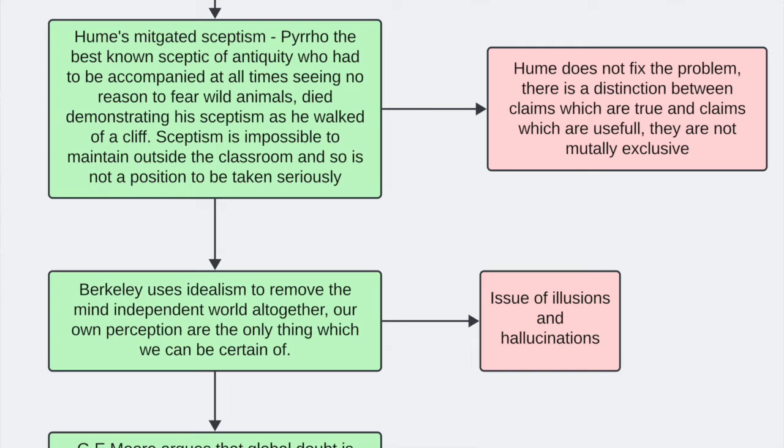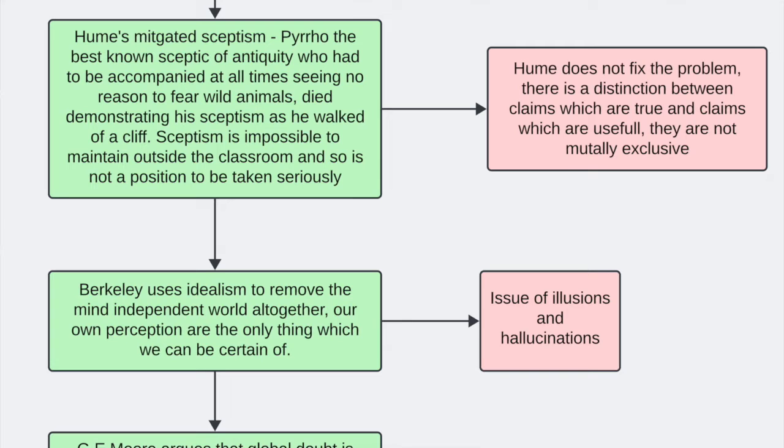Now, whether that's true or not, it's quite a nice way of explaining Hume's point. And Hume's point is that outside of the classroom, skepticism is just completely useless. It's completely inactionable, and it's meaningless, because we go out of the classroom, and of course we can't be a global skeptic.